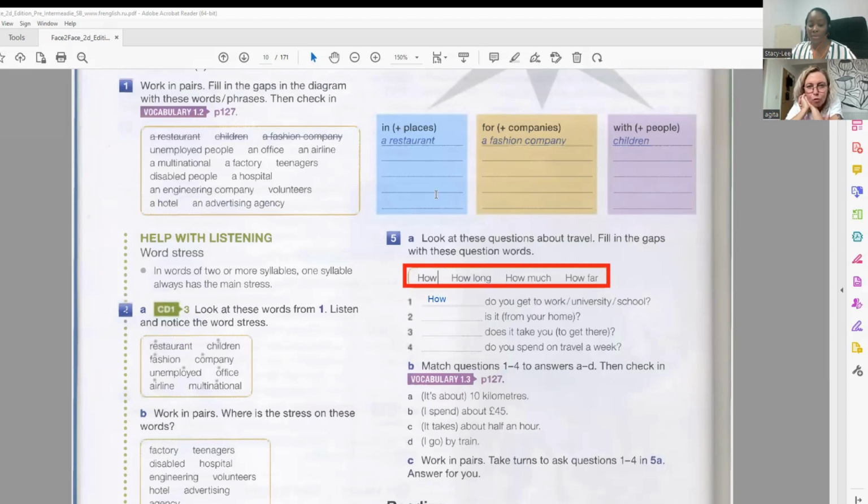Second is how far is it from your home? I don't know, but I think so. That's okay. Keep trying. It's okay.